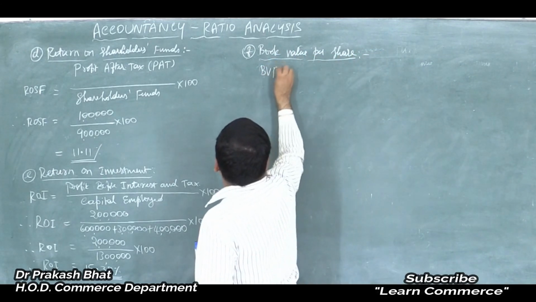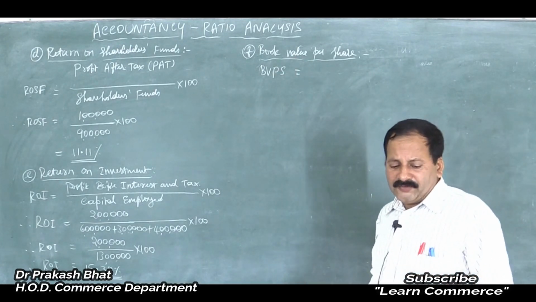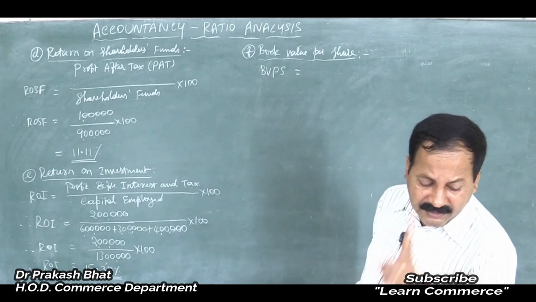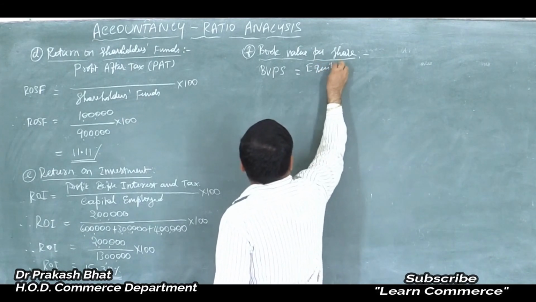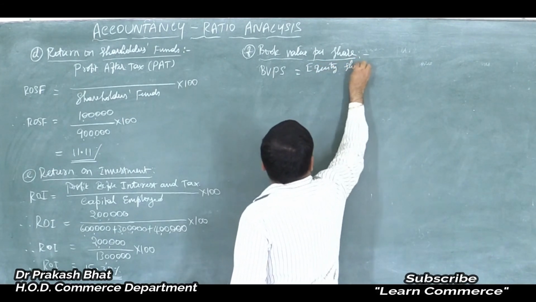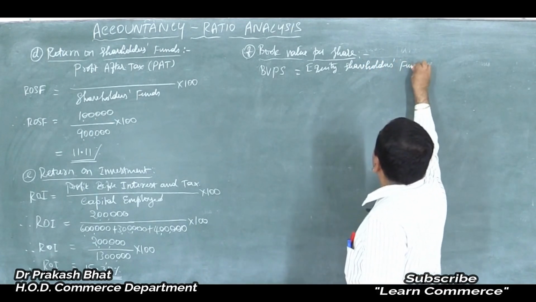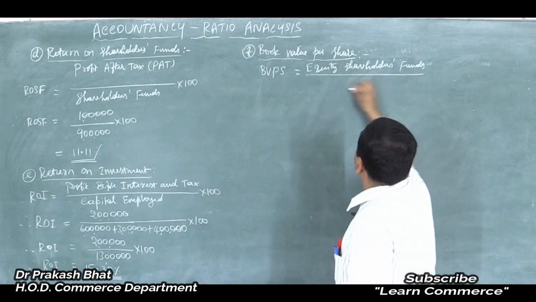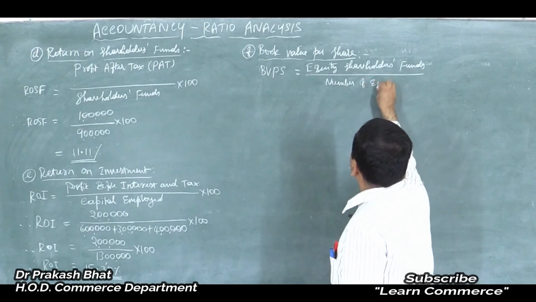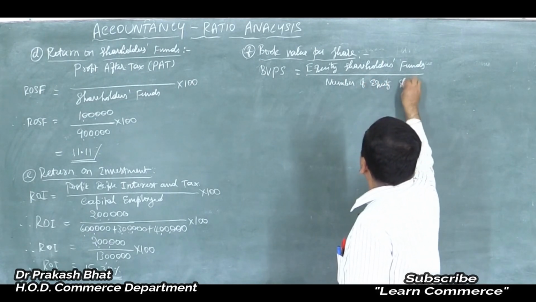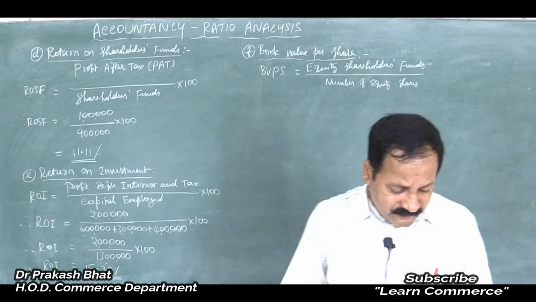Book value per share is equal to, write the formula, equity shareholders funds divided by number of equity shares. So how much is it?